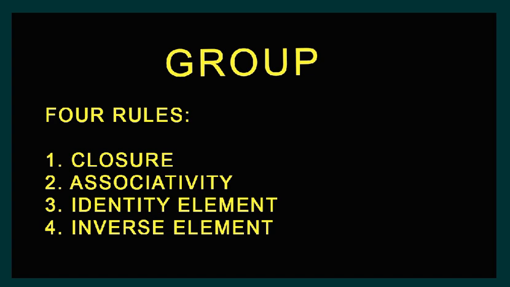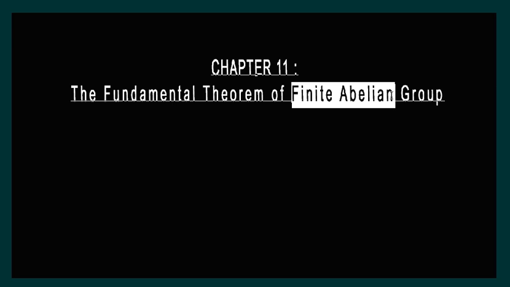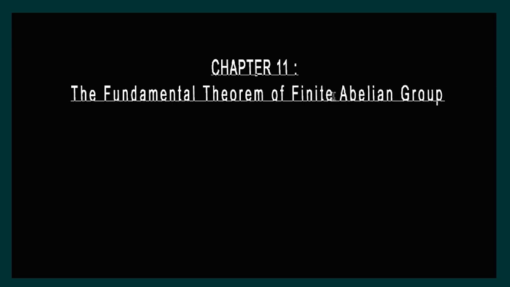And so we will continue with our topic, the fundamental theorem of finite abelian groups. Now, the finite abelian group, or the group that we will be talking about, is limited or bounded.